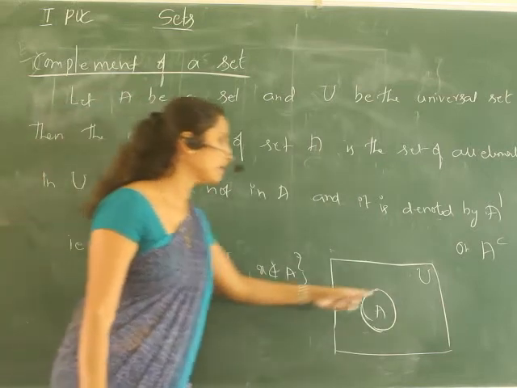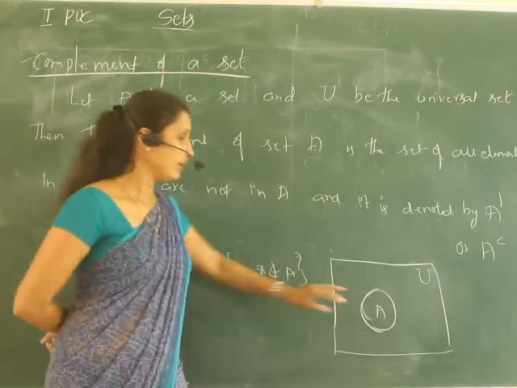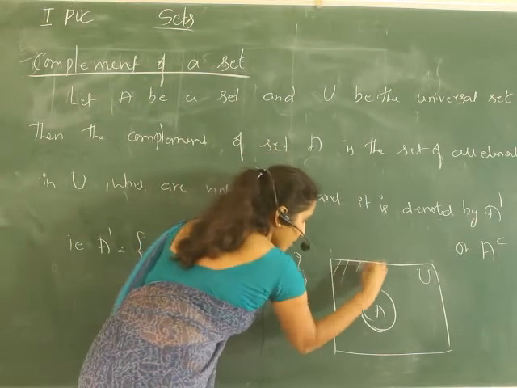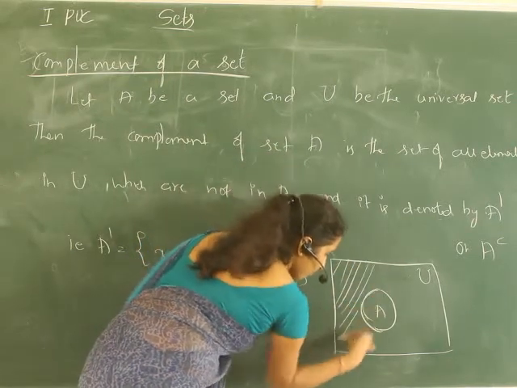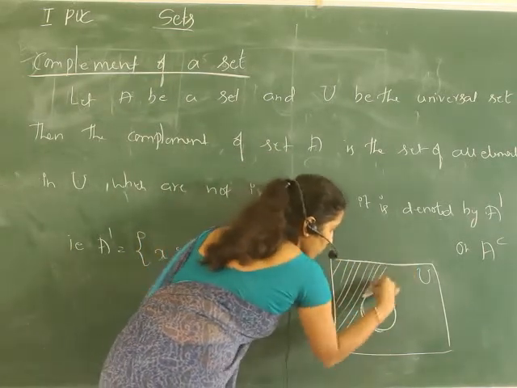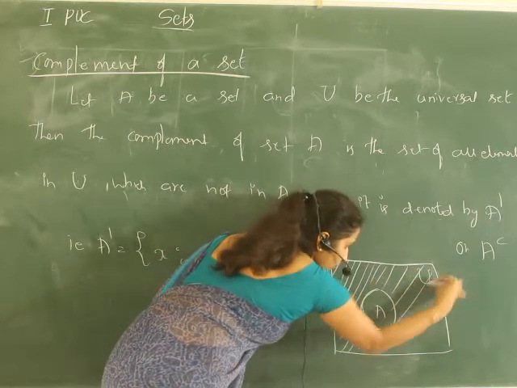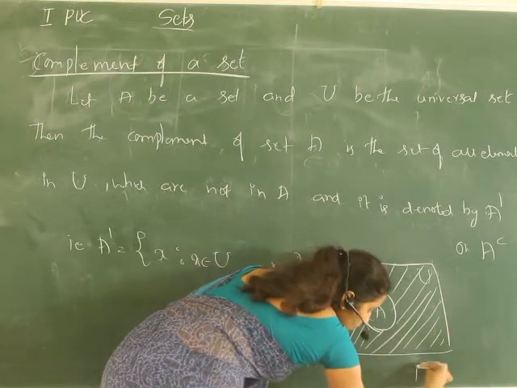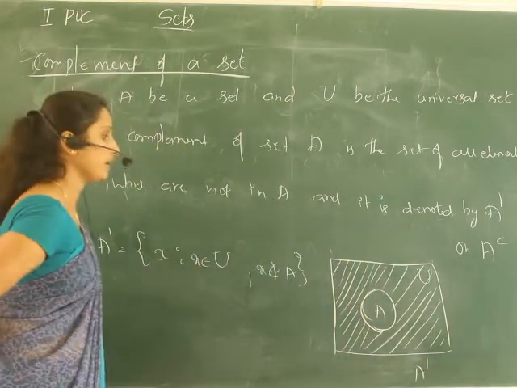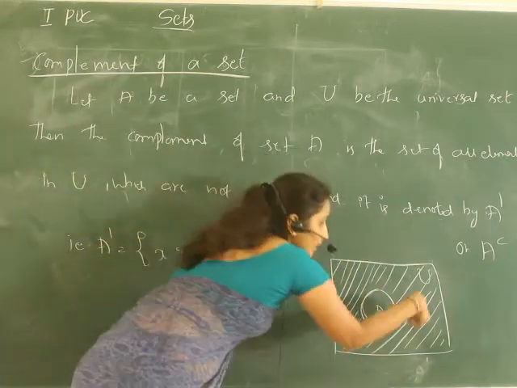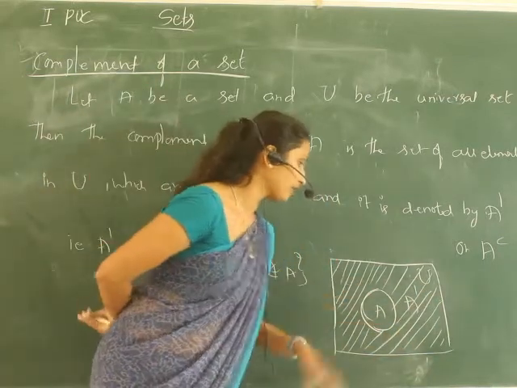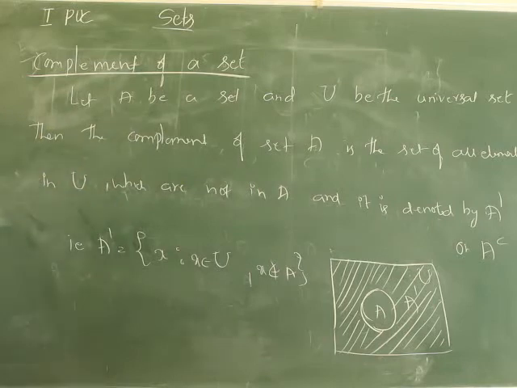The elements not in A, meaning the remaining elements, this is A complement only, the elements in U, not in A. So this denotes the Venn diagram for A complement.